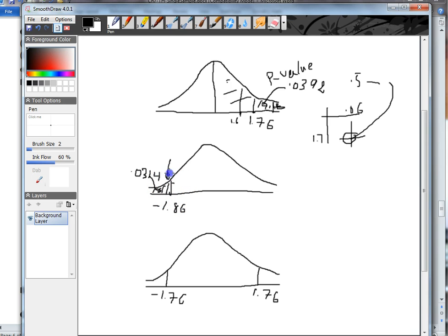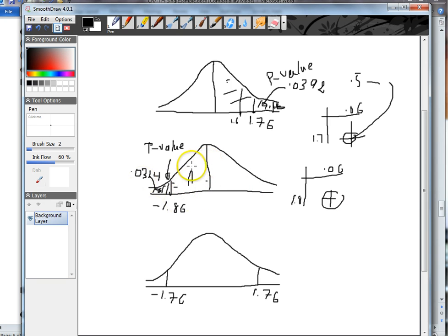To find this area, first I need to find this area A here, and I can find that in the Z table. I go to 1.8, 0.06, and I find that area there. By symmetry, that would be the area here, it's the same as there.